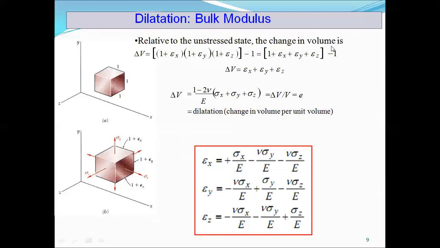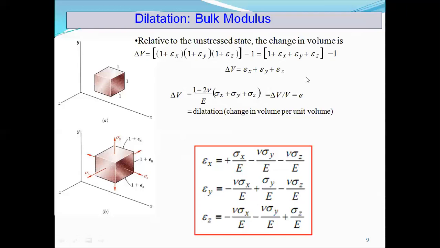After doing that approximation, it is valid, because we know that the strain is a very small quantity, and the multiple of two small quantities would be further reduced, and the multiple of three small quantities would reduce even further. So the approximation is valid.